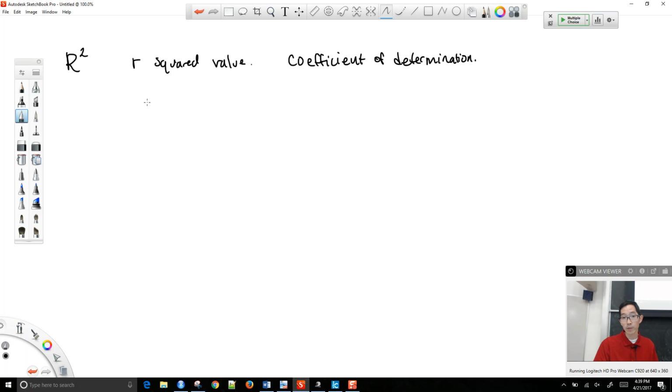For linear regression, and this is not the case if you have more complicated regression, our coefficient of determination, r squared, is equal to the correlation coefficient squared.